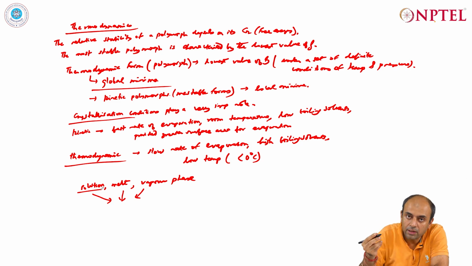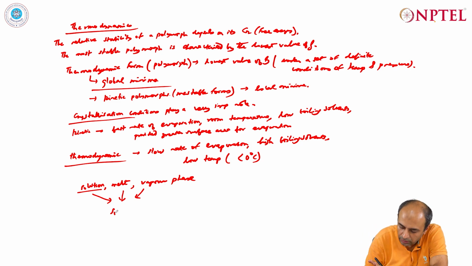You can melt the compound and then allow the melt to crystallize back into the solid state, and it can give the same polymorph, or it might not give the same polymorph depending upon the stability of the polymorphs. And you can also have an organic compound which has gone into the vapor phase, and now you can convert it back from the vapor into the solid state.